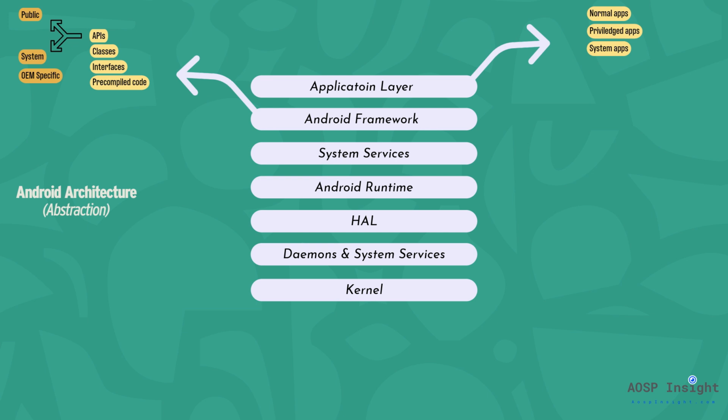The next layer is system services. System services are essential services that provide functionalities through APIs. And there is an important topic here, which we call IPC mechanisms. Android framework uses IPC mechanisms, which is mainly AIDL here, to get services from system services.